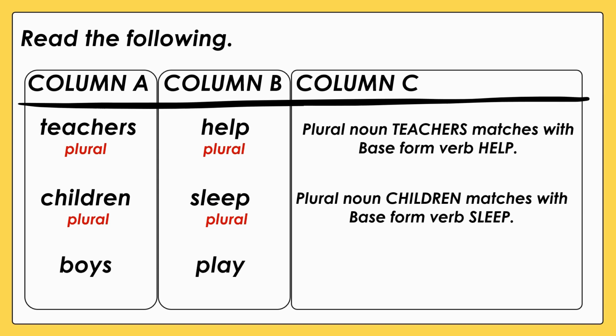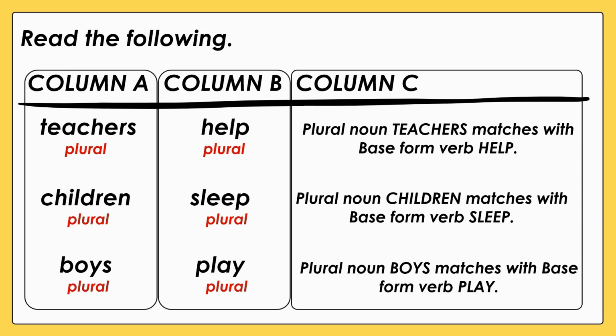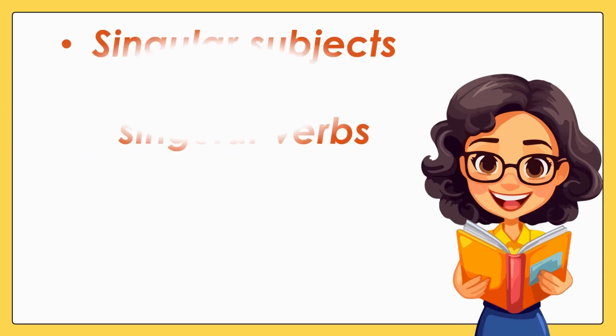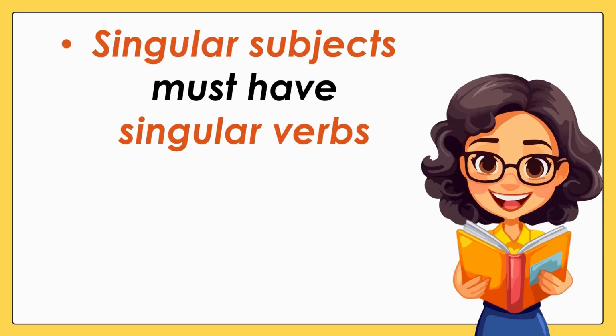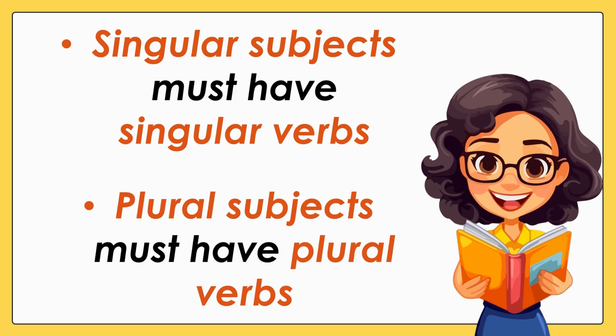The last one, boys play. Boys is plural and play is in plural form also, which means that plural noun boys matches with base form verb play. Always remember that singular subjects must have singular verbs, while plural subjects must have plural verbs.